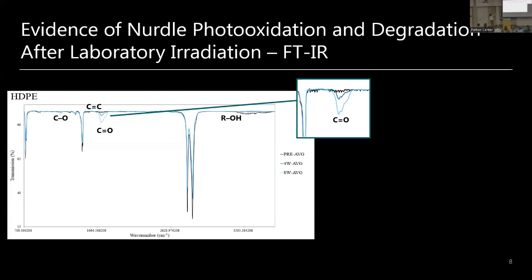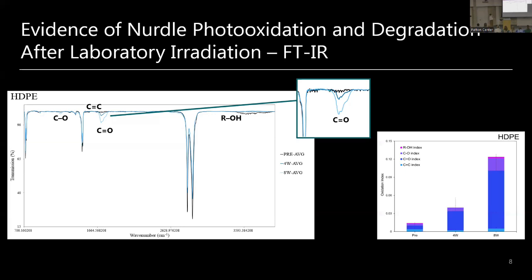You can see that top line, the darker one, is the pre-irradiated nurdles, and then that bottom one, lighter blue, is the 8-week irradiated nurdles. The transmission percent decreased, which means that there are more bonds in that structure over that time period, and there's more oxygen within the structure that's allowing those carbon oxygen bonds to be created. And then this is just an easier visual representation.